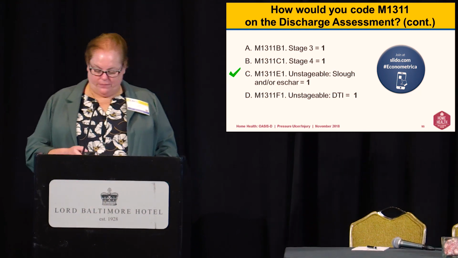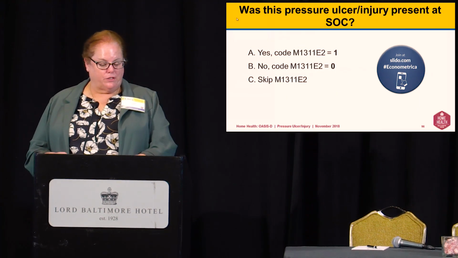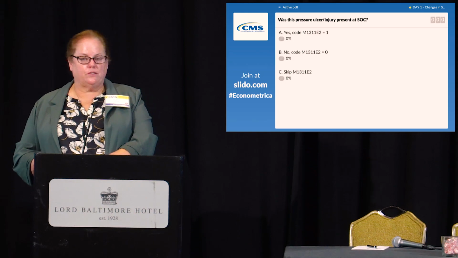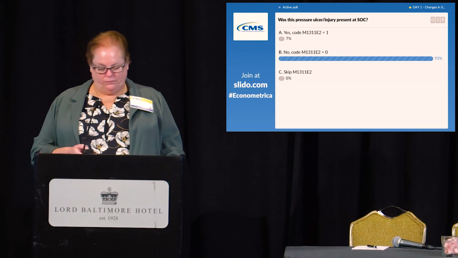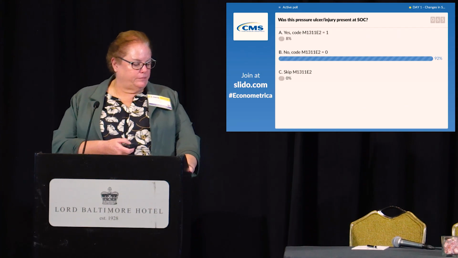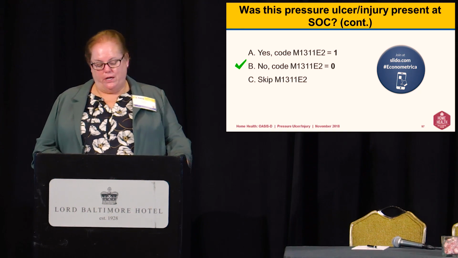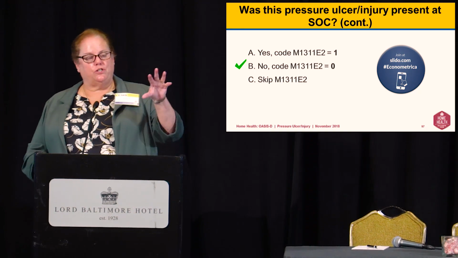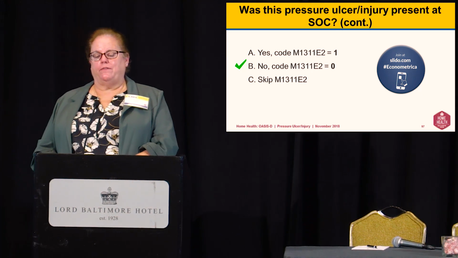So the same question we'd ask here: was the pressure ulcer injury present on the start of care? Yes, no, or skip. Okay, let's look at the answer. And in fact, the answer is no. And again, that reasoning is deep tissue injury became a stage 3, and now it has slough and eschar.